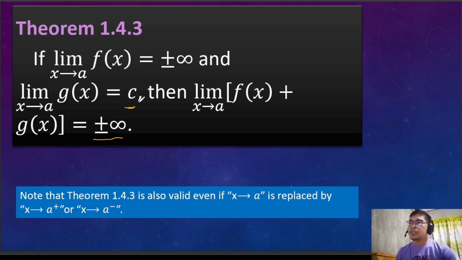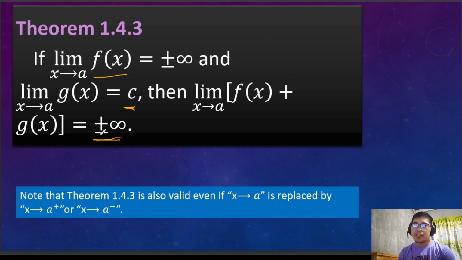So kung balikan, pag ang limit sa f of x is positive or negative infinity as x approaches a, and the limit of g of x equals a constant as x approaches a, so the limit of f of x plus g of x as x approaches a is equal to positive or negative infinity.